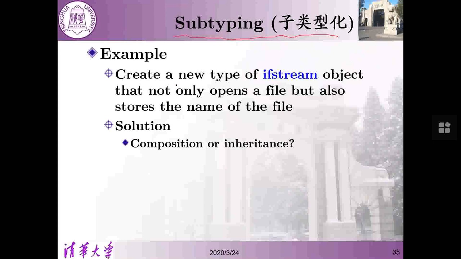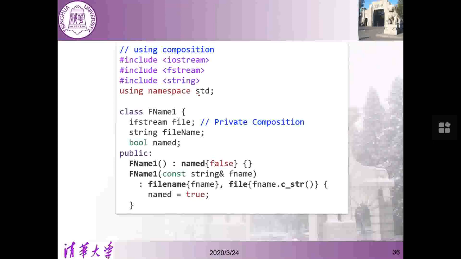Our example is that we want to create a new type of ifstream object. So this object not only opens a file, but also stores other related features, such as file name. We may think of two ways. One way is to use composition, another way is to use inheritance, right?